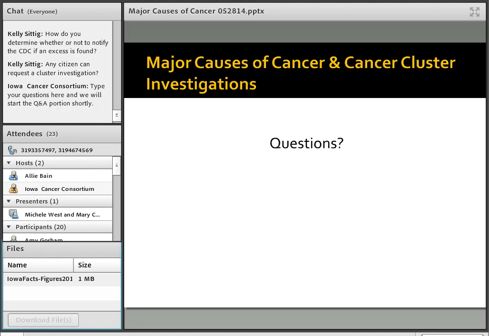Well, normally we say that our data here pretty much resembles what is being seen throughout the United States. And so we do keep up with what NCI is putting out in terms of increasing risks in, say, NHL or that sort of thing. But we don't actually have a program here that is ongoing to look for potential clusters.